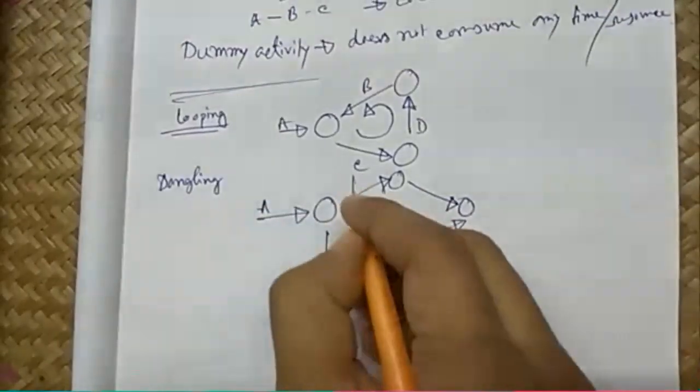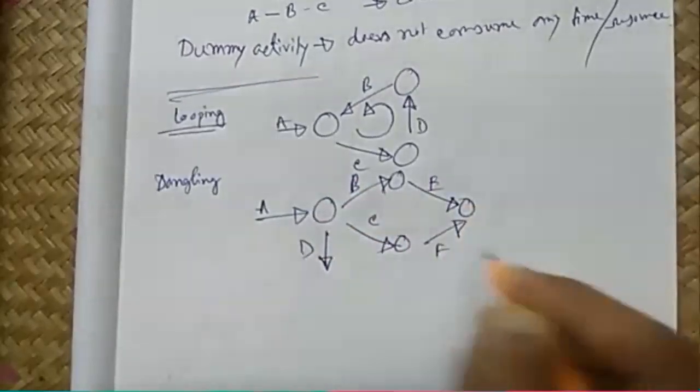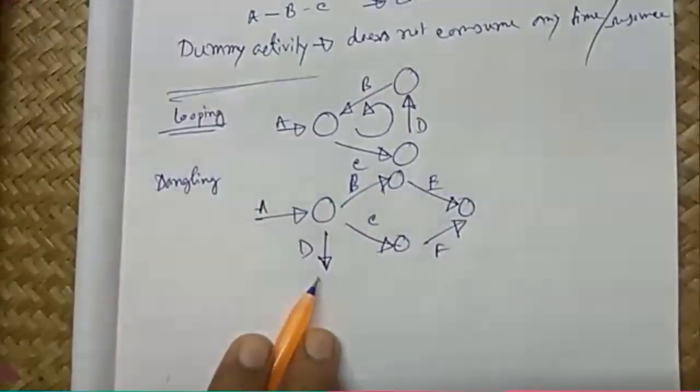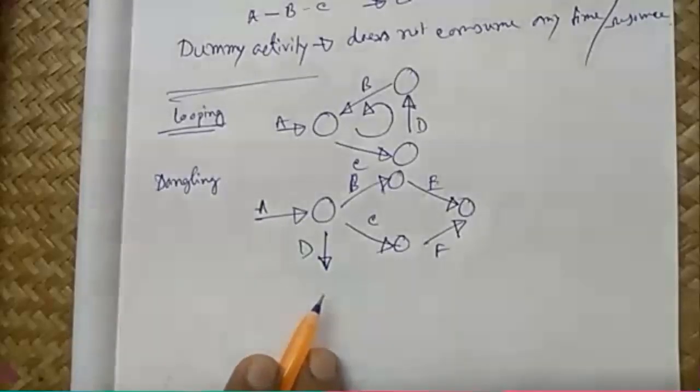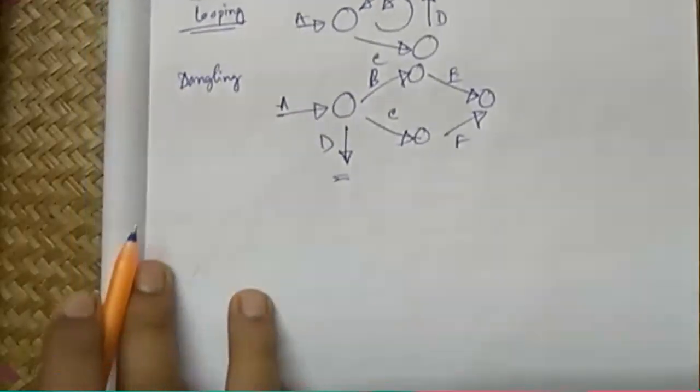If we name them A, B, C, D, E, F, this D activity is going nowhere. So to disconnect an activity before the completion of all activities in a network diagram is known as dangling. So this problem is called dangling. So you need to make sure this doesn't happen.